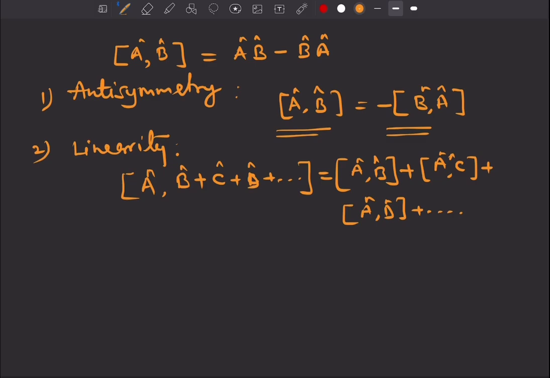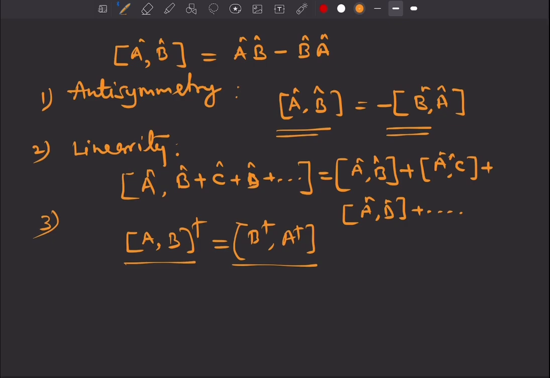So they follow linearity. Third, the Hermitian conjugate of a commutator is equal to the commutator of B dagger and A dagger. So the Hermitian conjugate of a commutator can be written as the commutation relation of B dagger, A dagger.